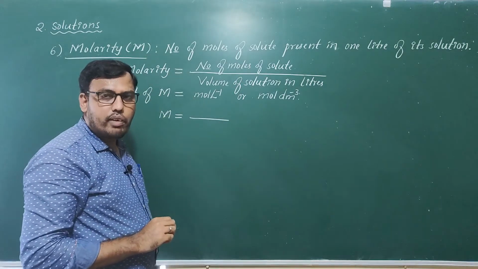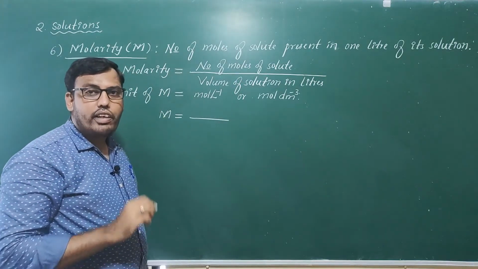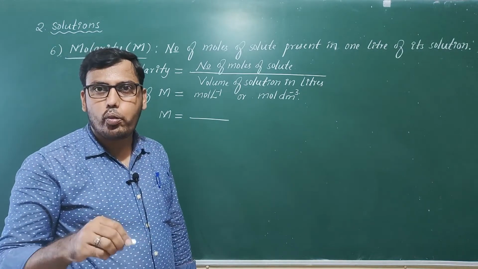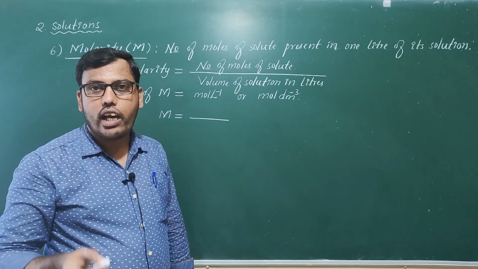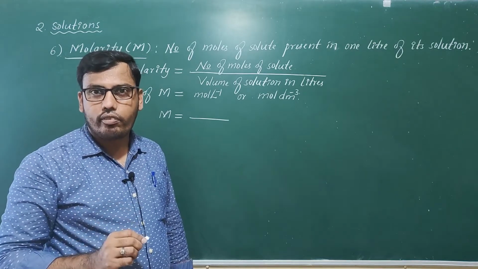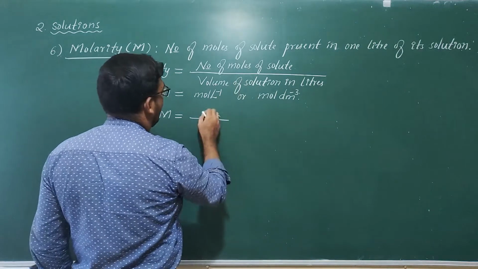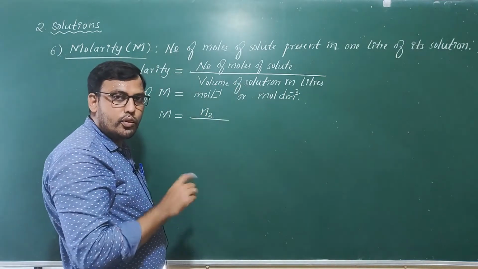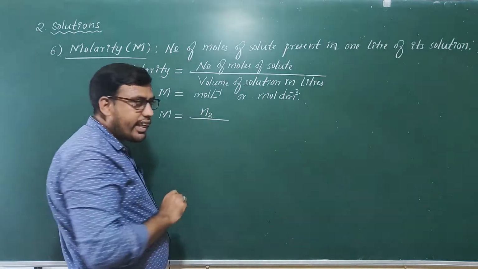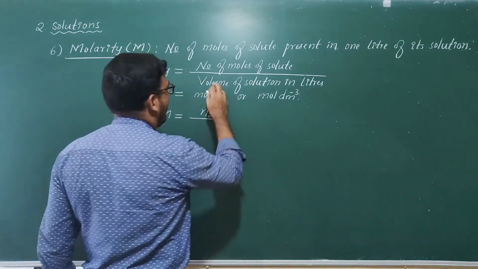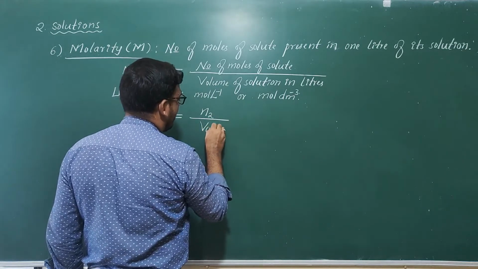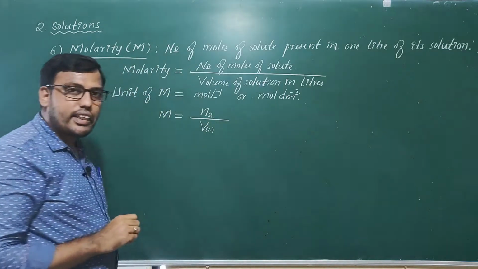Students, in my solution chapter, I will always express solute as component 2 and solvent as component 1. So the number of moles of solute I will represent as N2, where subscript 2 indicates it is solute. And the volume of the solution should be in liters. So this is the generalization.